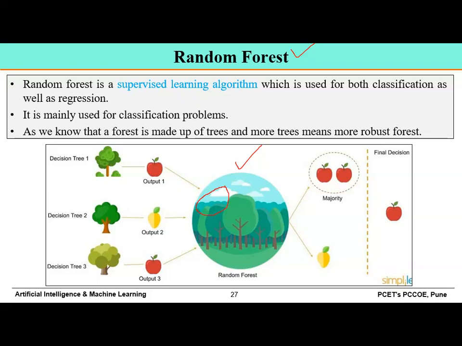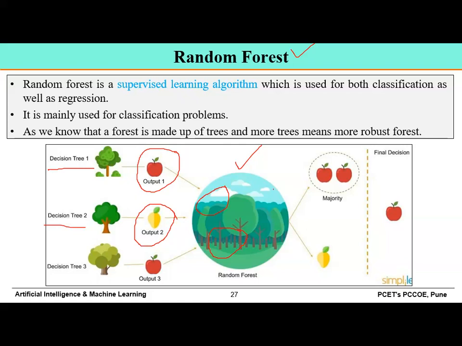Please look at the highlighted part. For that sample we develop a decision tree, and that decision tree said that there are more number of apple trees, for example. Then I took a second sample, developed a second decision tree, and that decision tree is saying that mango trees are more in the forest.